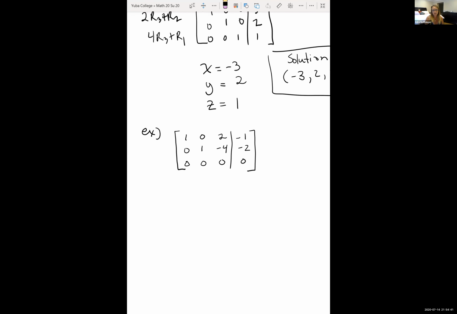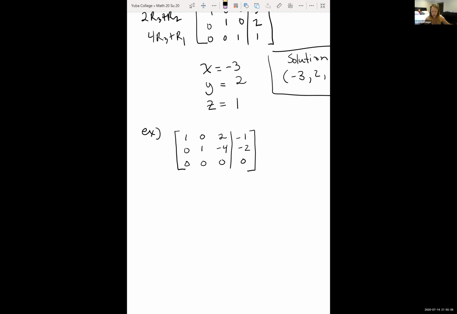Okay, so if this last entry in this last row was not a 0, and it was a number other than 0, and you had zeros everywhere else, then we know there's no solution. But if you get a row of all zeros, then this means it's a dependent system, and there's an infinite number of solutions.